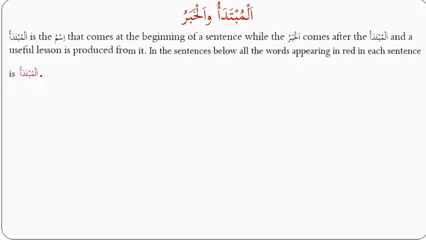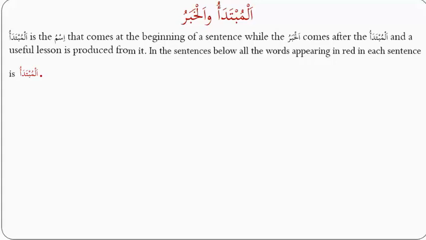Here we have some additional information about al-mubtada'u wal-khabaru. First, the mubtada is the ism that comes at the beginning of the sentence, while the khabar comes after the mubtada, and a useful lesson is produced from it. That is, from the two of them coming together, you have something that you can understand.